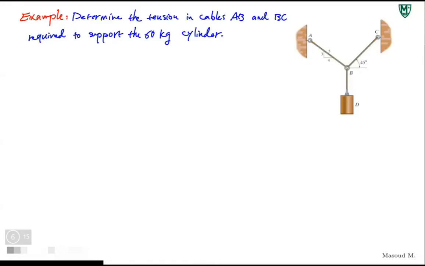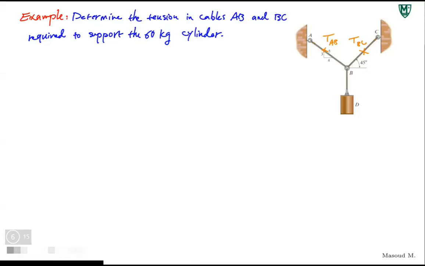I want to find out the force in this cable, which we can think about as TBC, and the force in this cable, TAB. I want to know what these two forces are. That's what I'm asked for, tension in these cables.